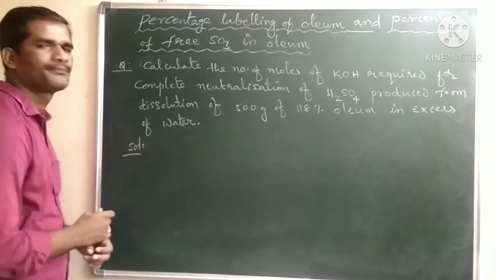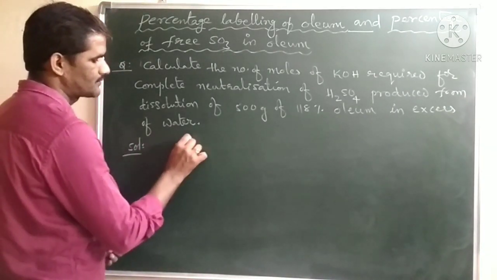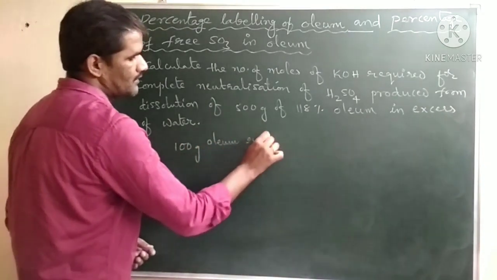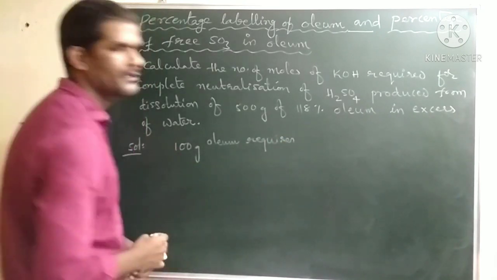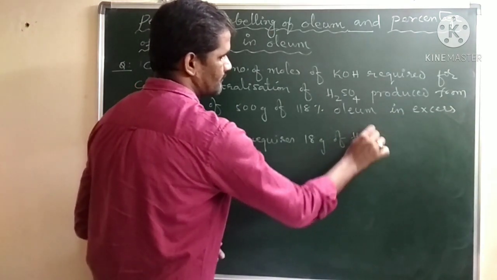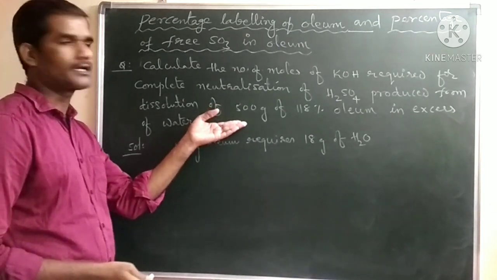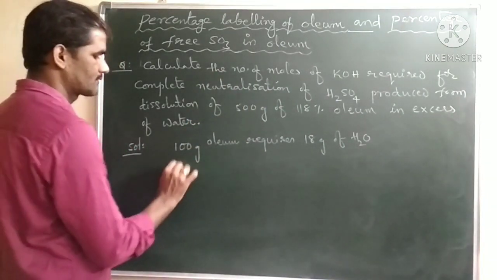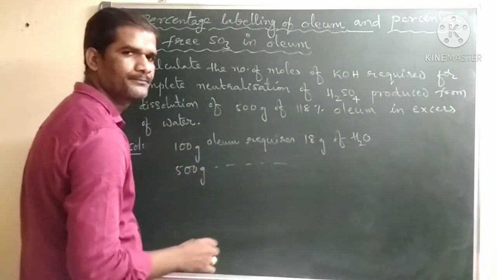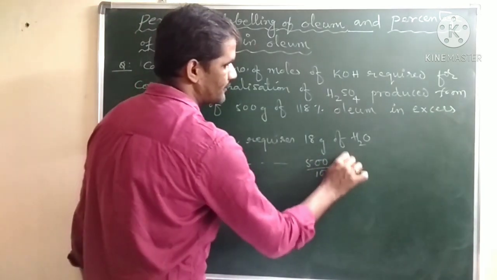The solution. Now 118% oleum means what again? 100 grams of oleum requires how much amount of water? 18 grams of water. Now what is the amount of oleum? 500 grams. Then for 500 grams how much amount of water is required? So 500 grams of oleum requires how much? 500 by 100 into 18.